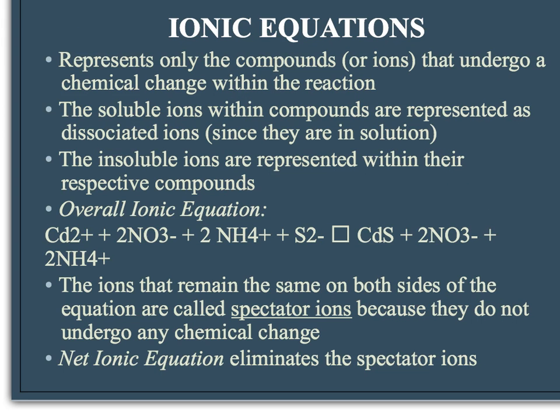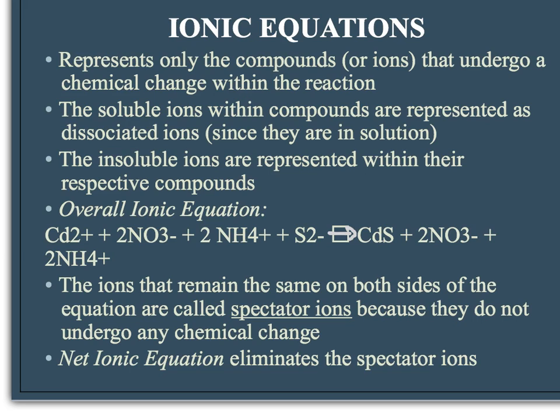We can use the information that we've learned about dissociation and the solubility rules to write what's called an ionic equation. The ionic equation is very, very much like a standard chemical equation. The big exception here is that we're representing the ions individually. So we show all of the ions on the left side, just like I did on the previous screen, and then we show all of the ions and insoluble products on the right side.